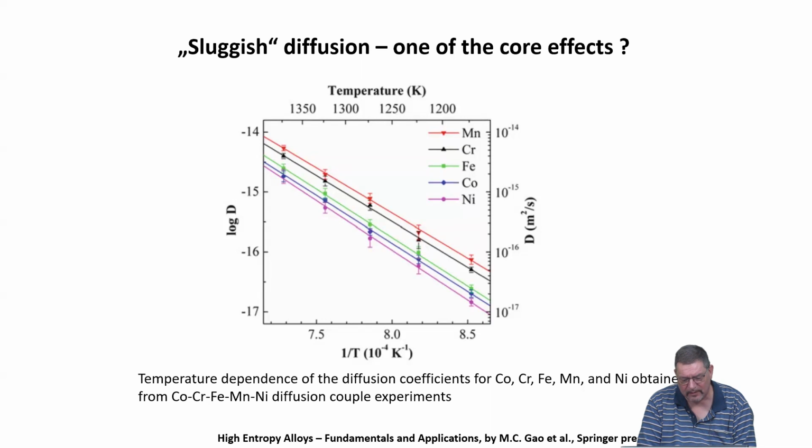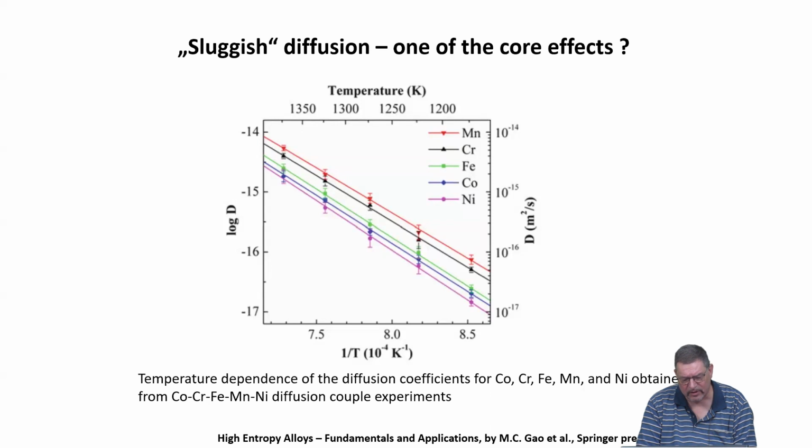Now, when you look at this, you will not see any sluggish diffusion, because it's a comparison of the different constituent diffusivities as a function of temperature in the Cantor high entropy alloy, so an equimolar 5-component high entropy alloy, single phase solid solution.